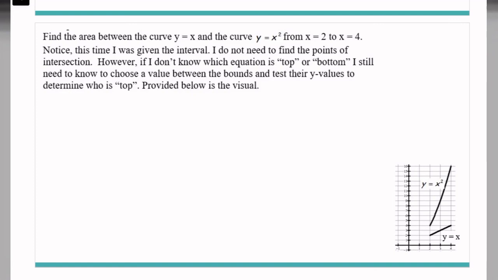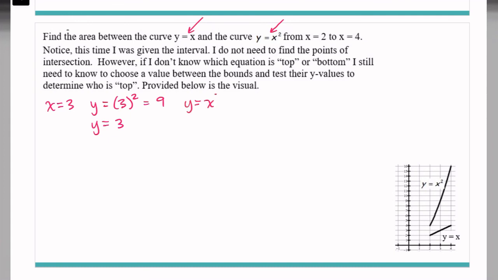So between 2 and 4, let's check when x is 3. When x is equal to 3, I'm going to have y equals 3 squared, and y equals 3. So we get y equals 3 here, and we get y equals 9 there, right?